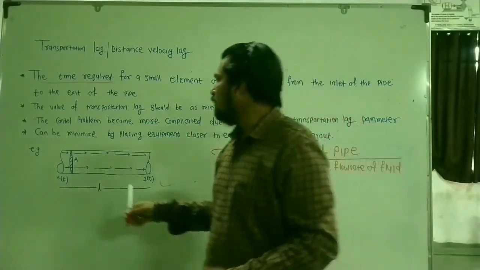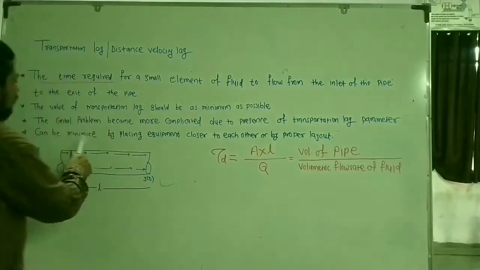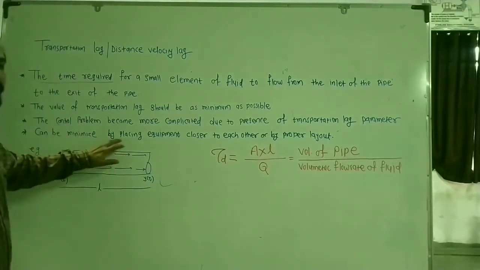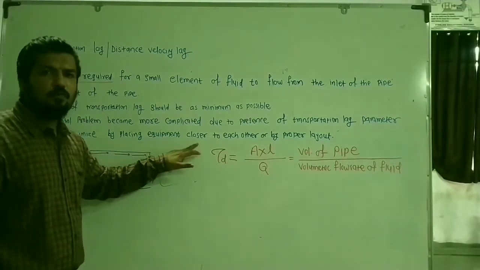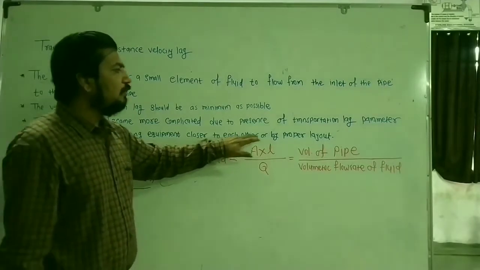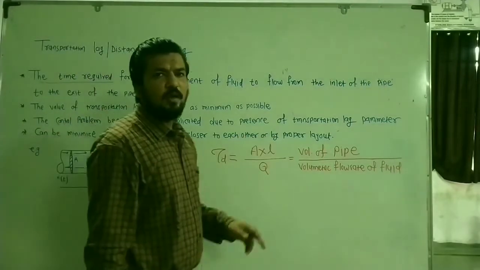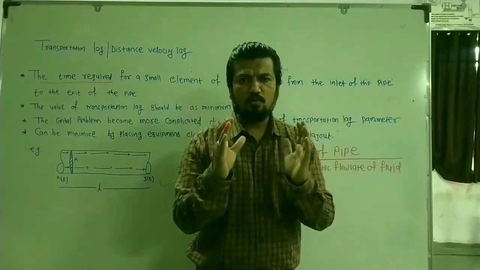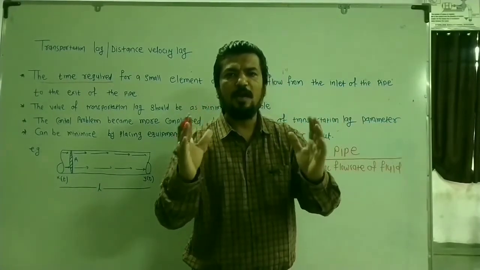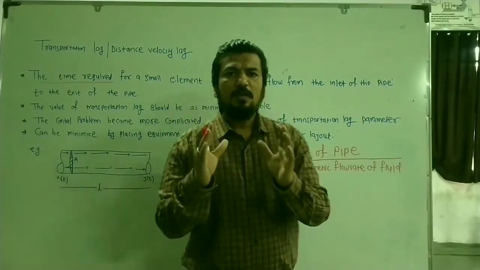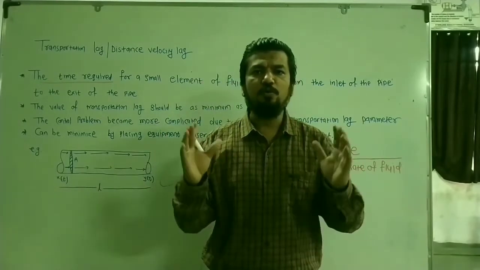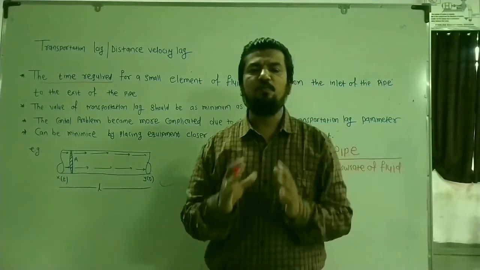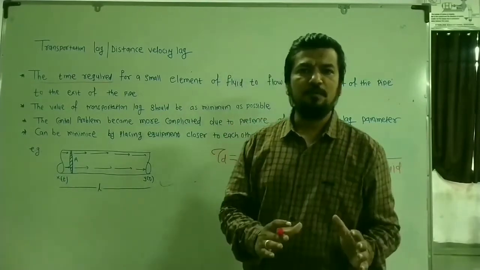So it can be minimized by placing the equipment very close to each other, or by providing a proper plant layout so that the delay in the transportation of the fluid is minimum, and hence the transportation lag parameter is minimum.